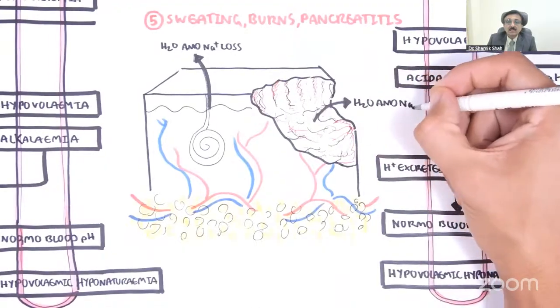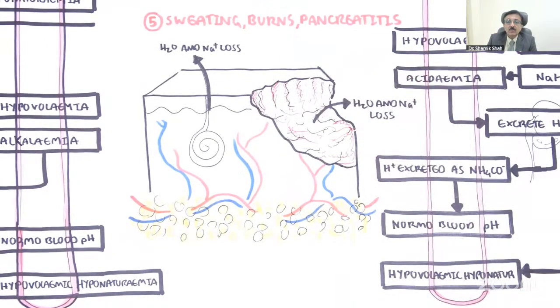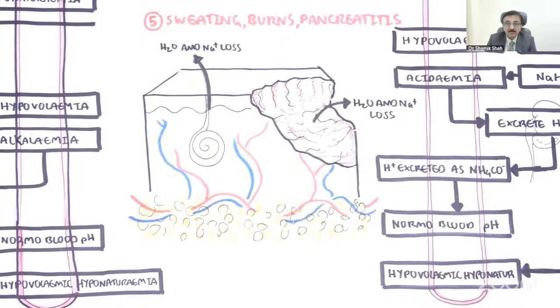While in burns, there is a direct sodium and water loss from the vascular compartment itself, because the blood vessels are exposed to the surroundings. And in pancreatitis, there will be third spacing. So from the intravascular compartment, sodium and water will move out into the third space. And therefore, when we evaluate these patients, we will find that they have not only hypovolemia, but they also have hyponatremia.